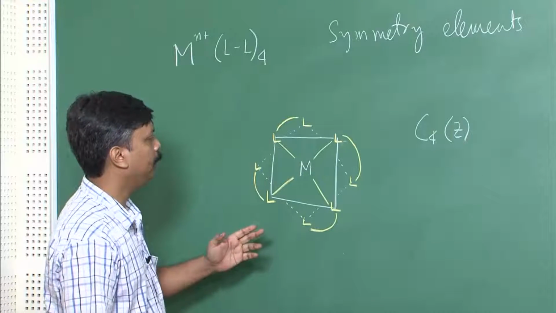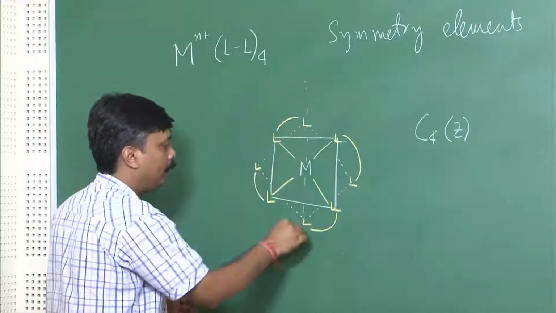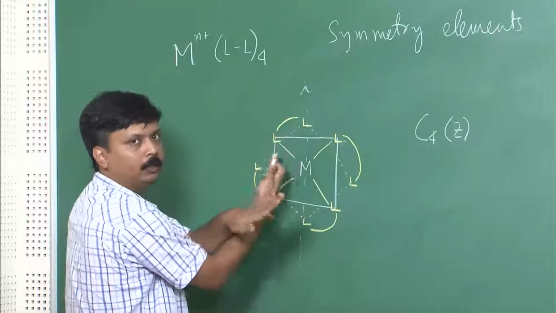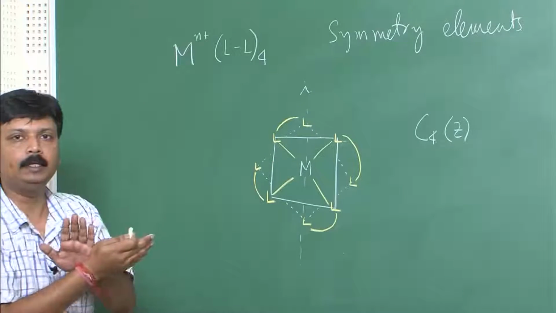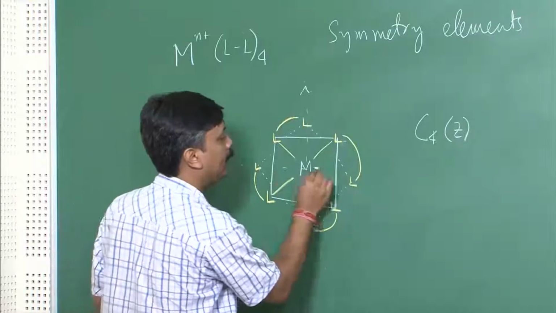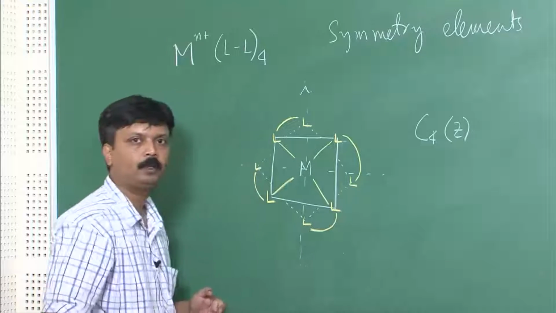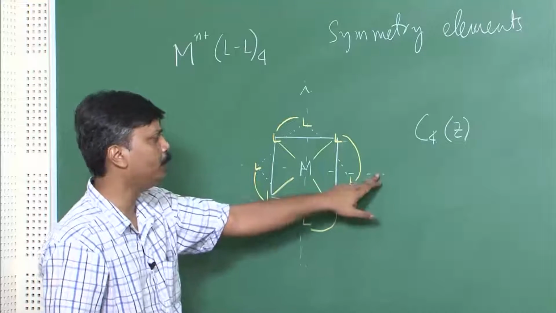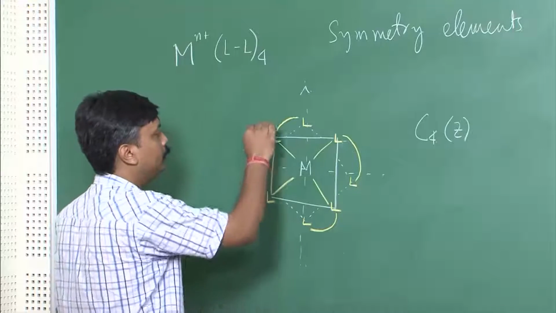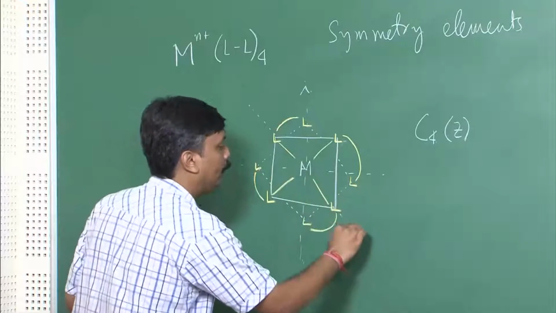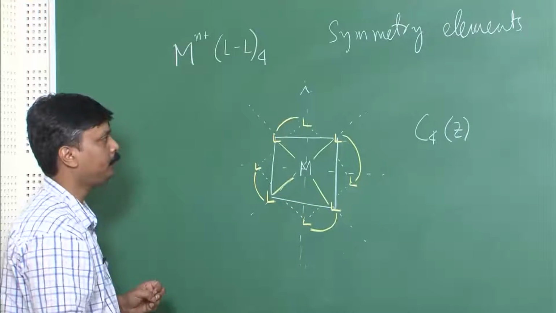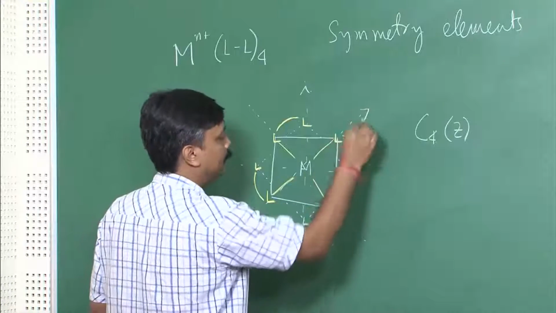You can imagine an axis perpendicular to this Cz, which will flip this molecule if I rotate by 180 degrees about this axis. So this will be a perpendicular C2. Similarly, I can find another perpendicular C2 in this direction. So we have two perpendicular C2s. It is also possible to find perpendicular C2s along the diagonals of this first square, so this is another C2.